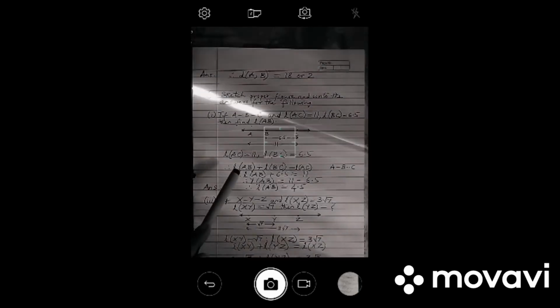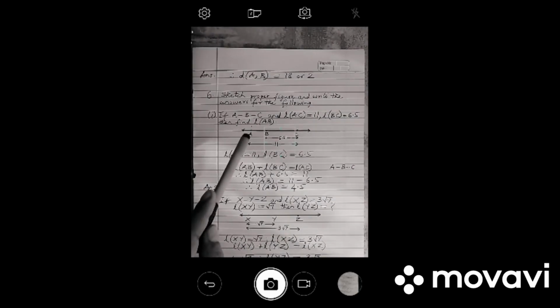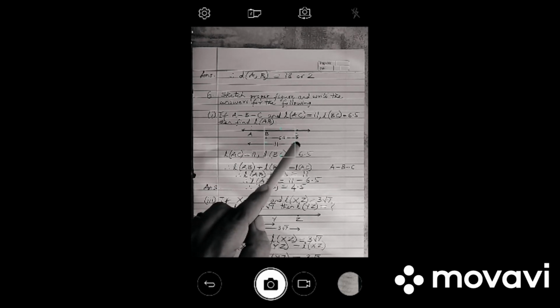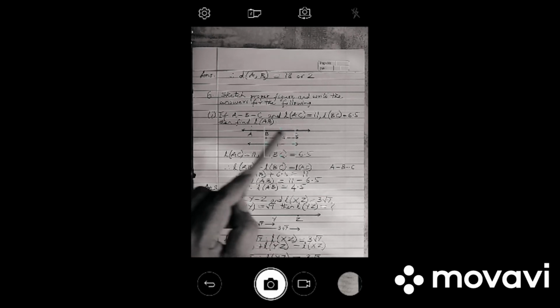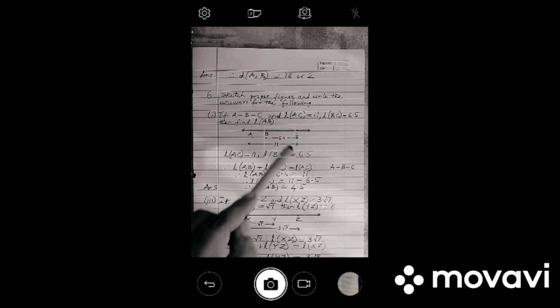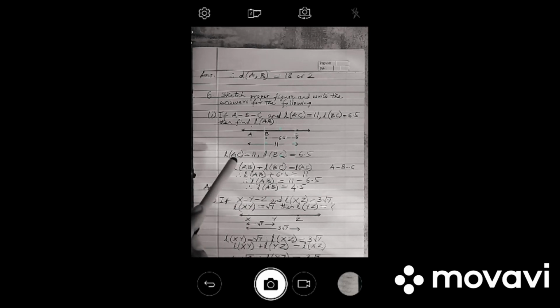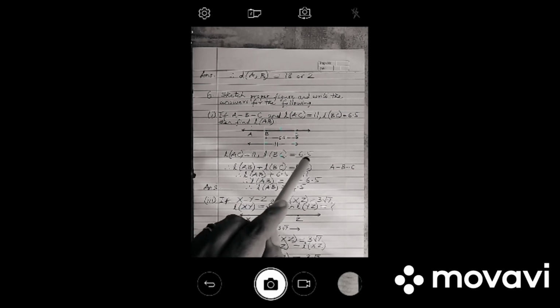We'll draw the number line. Here AC is given as 11, so B is in between A and C, and BC is equal to 6.5. So we'll first write what is given. Length AC is equal to 11 and length BC is equal to 6.5.